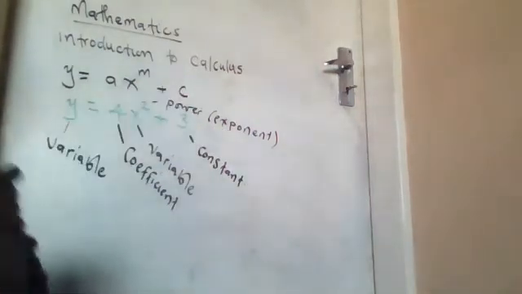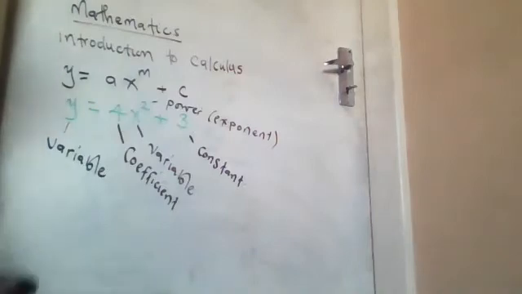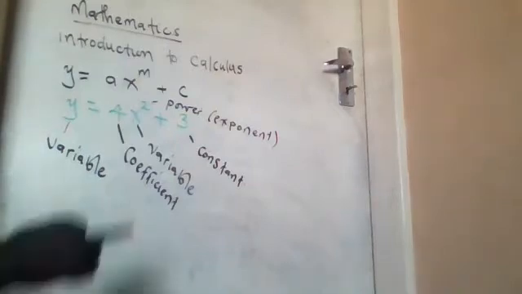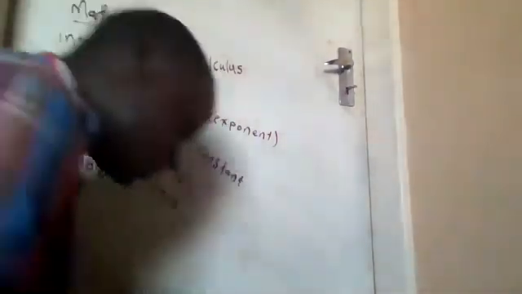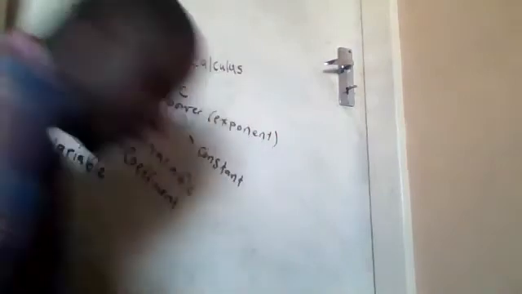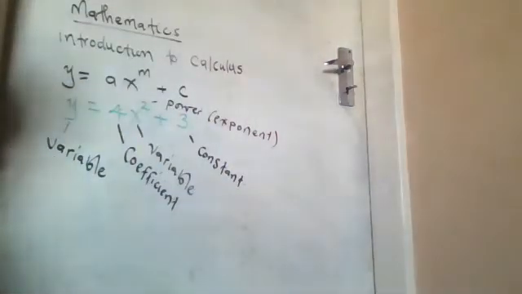While that number which is written alone is called a constant. So that is the first thing that you have to know: two variables, x and y. Then you have a coefficient, a number written before an x variable. Then that number written on top of the variable is called the power or exponent, while that number which is written alone is called a constant.